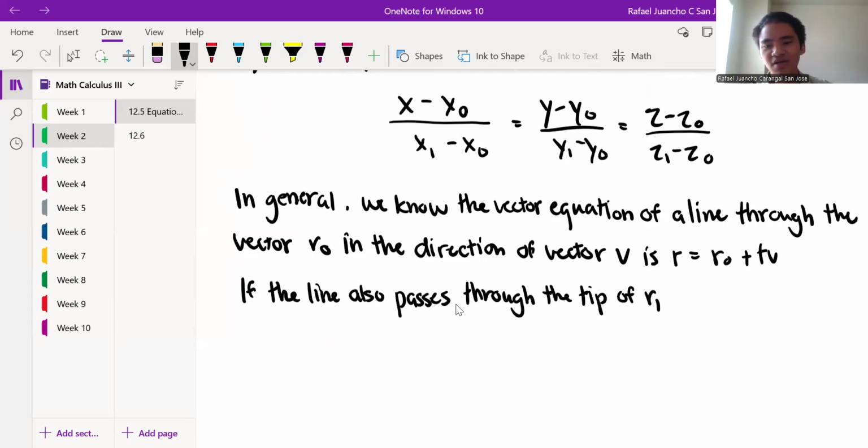And if the line also passes through the tip of R1, then we can take V being R1 minus R naught.